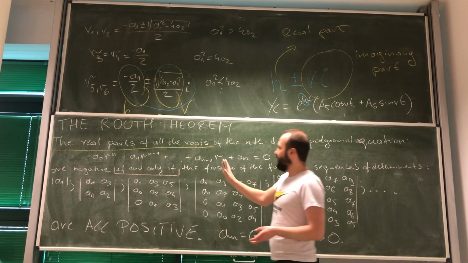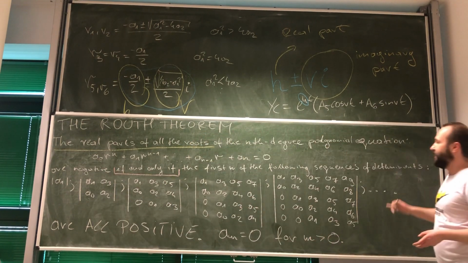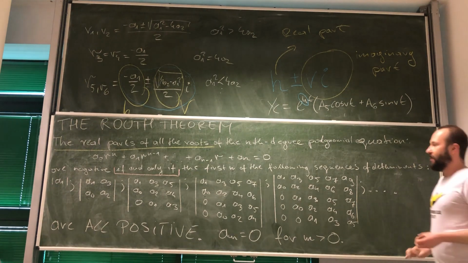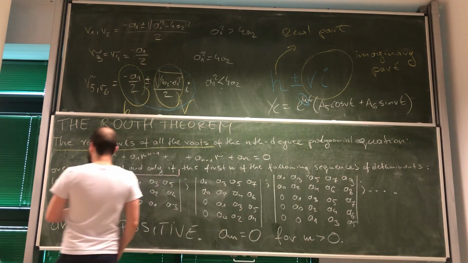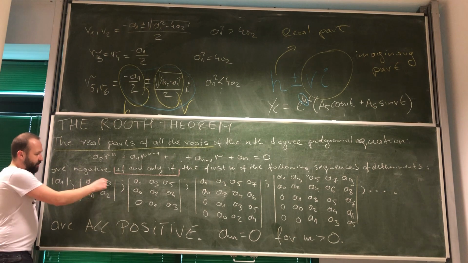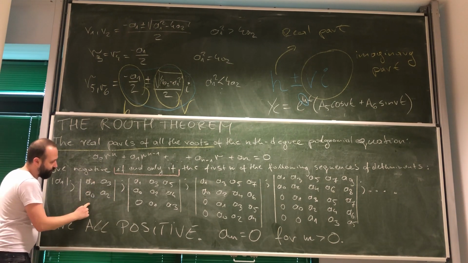So we are only interested in the first n of the following sequences. And look, these sequences go like this. Determinant first is just A1, very easy. Then 2 by 2, we go from A1 we go to A0.